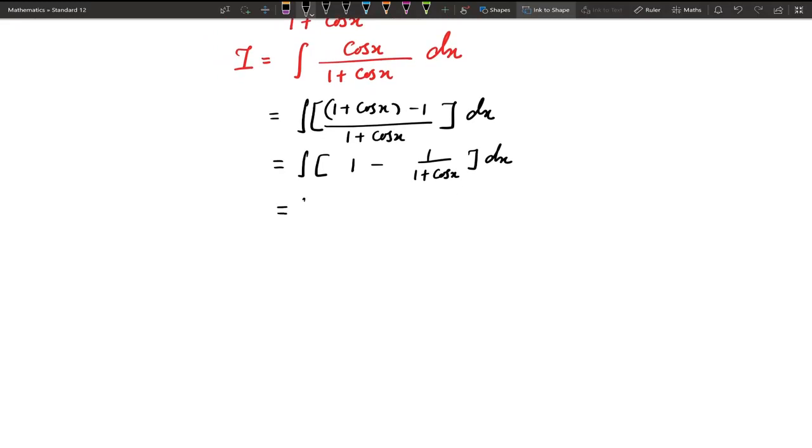Again you note that this is nothing but 1 minus 1 plus cos x, and 1 plus cos x is 2 cos square x by 2 dx.